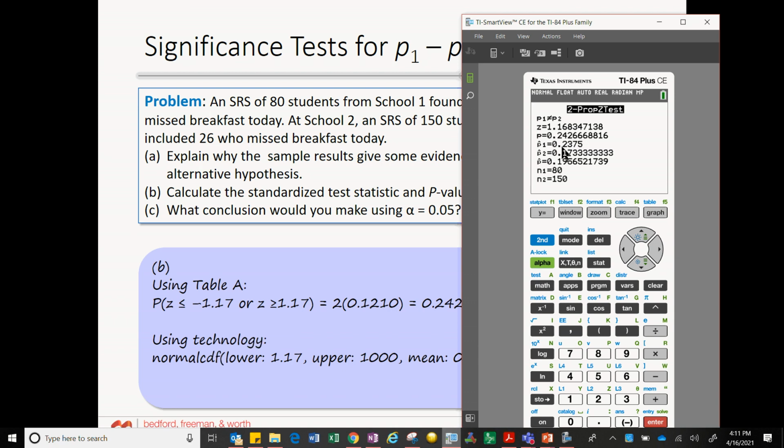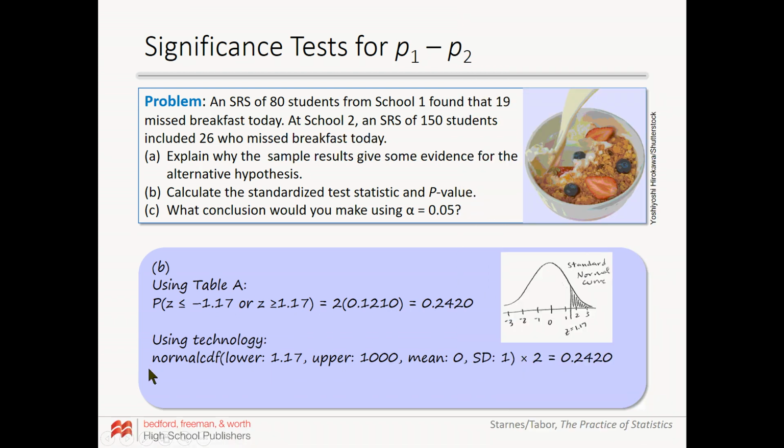It also gives you the sample proportions: the p-hat from your first sample, the p-hat from your second sample, and this p-hat here is your p-hat combined. Remember our p-hat combined that we calculated by hand by adding up the raw data? We got 19%. There's your 19%. So when you do this 2-prop Z test, it spits out everything you need.